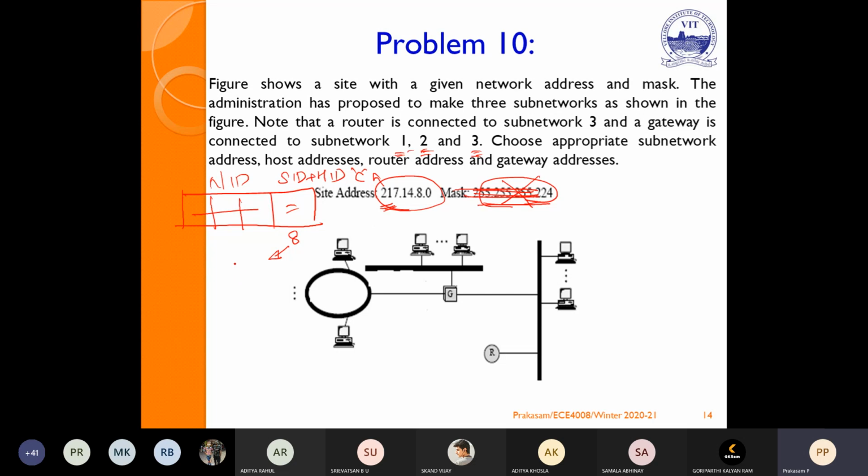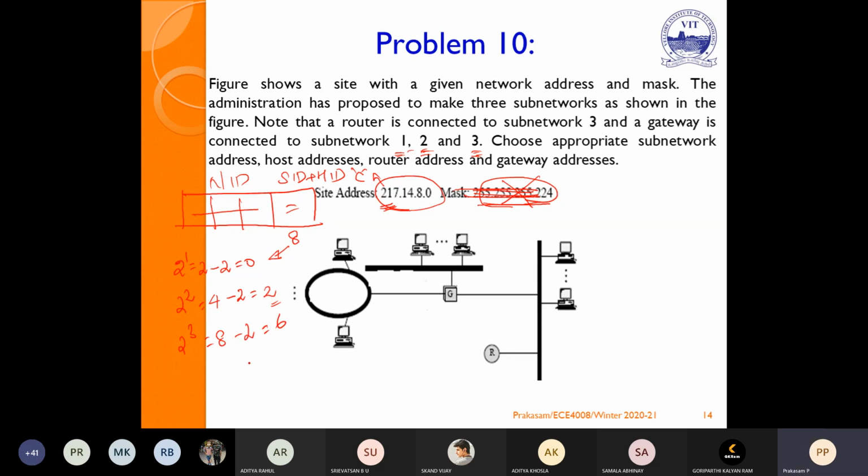Suppose out of 8 bits, I allocate 1 bit: 2 power 1 is 2, usable subnets 2 minus 2, which is 0. 2 power 2 is 4, usable subnets 4 minus 2, which is 2. So even with 2 bits, I can allocate a maximum of only 2 subnets. 2 power 3 is 8, minus 2 is 6.